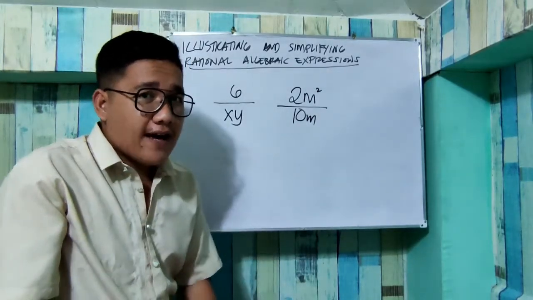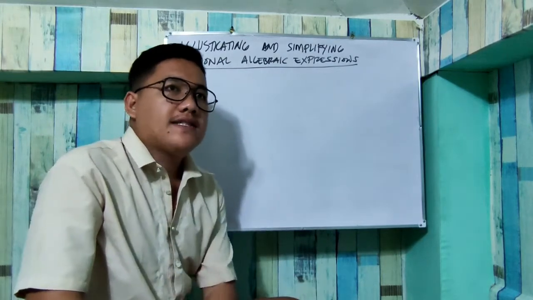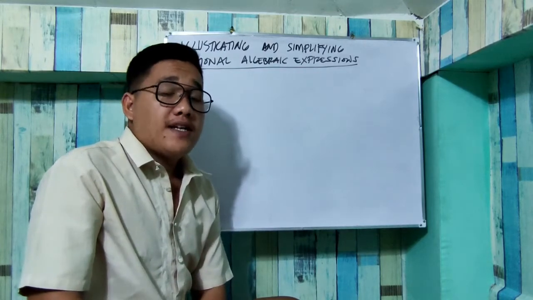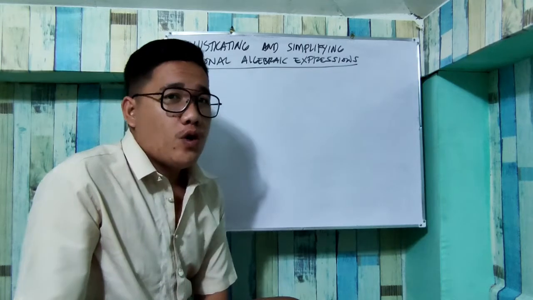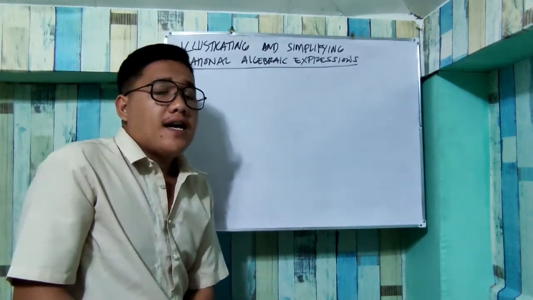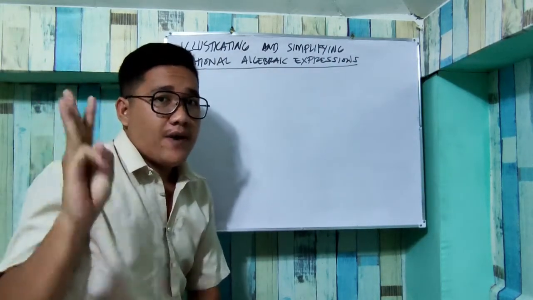So, let us now proceed on simplifying rational algebraic expression. Paano ba mag-simplify? When we said simplify, meaning to say, make it simple. Kasi meron tayong mga given na complicated rational algebraic expression na kung saan gagawin nating simplified form or into simplest form. So, paano natin siya gagawin? We have 3 steps in simplifying rational algebraic expression.